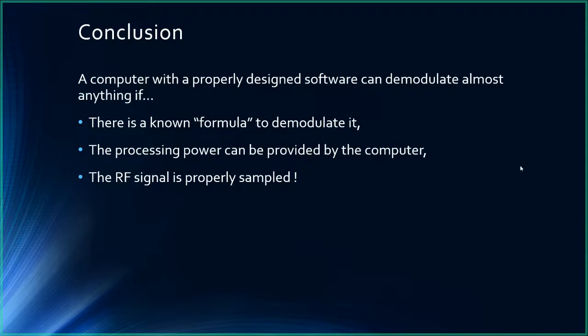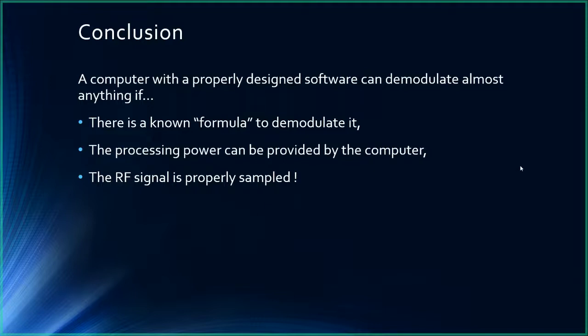The processing power can be provided by the computer. What it means is that some demodulations need a huge amount of computing power, and sometimes Raspberry Pis or small simple computers are not even today powerful enough to do the decoding in real time. So be careful.